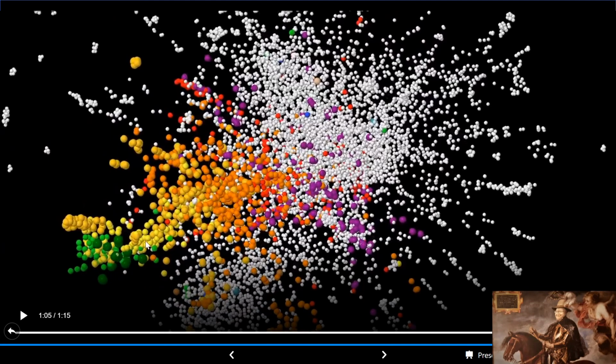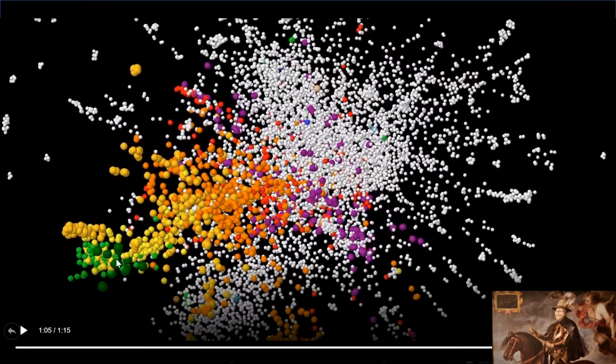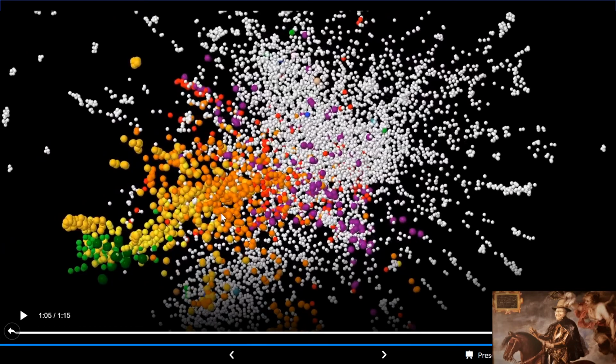Again, the color coding is my usual, from very early dark green through green, yellow, and orange, and red until purple, and then white is anything published after the year 1900.